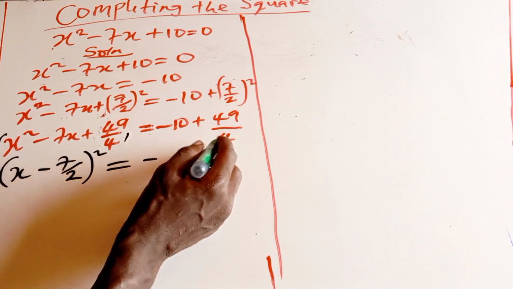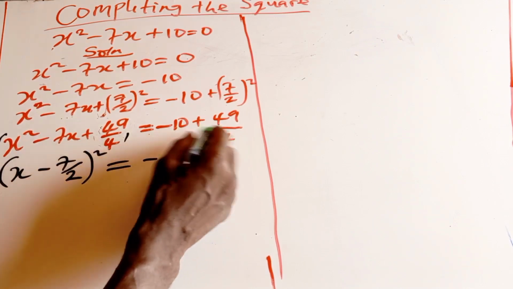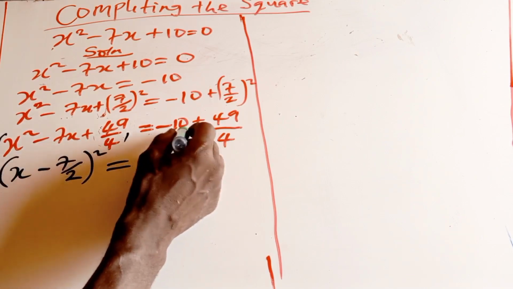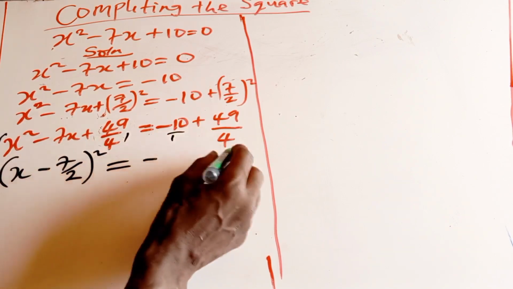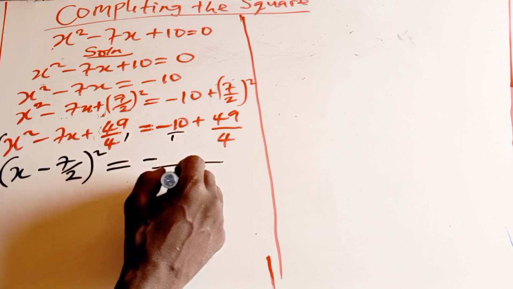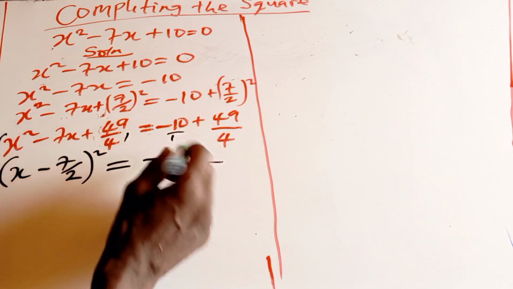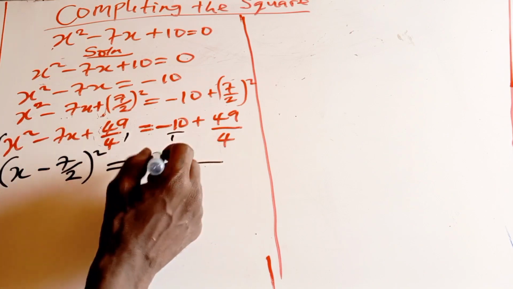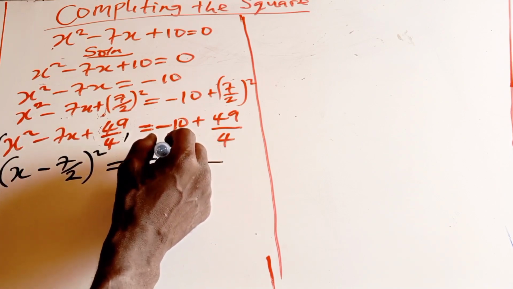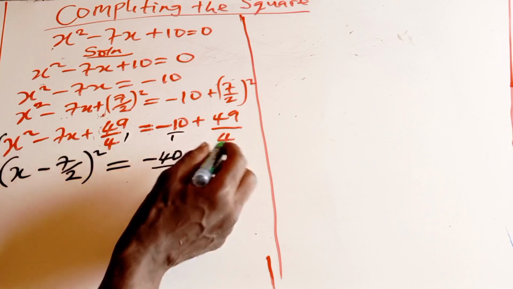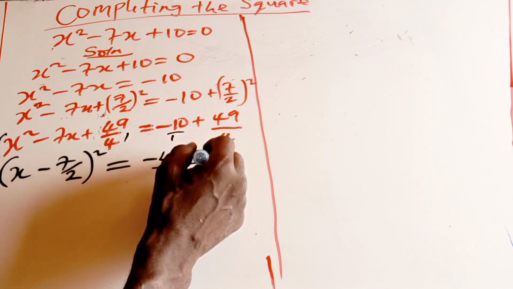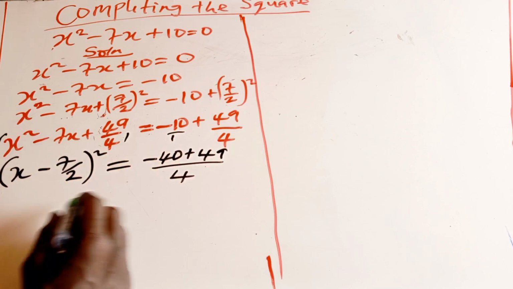minus 10. We can find the LCM here and simplify this. We assume this is over 1. Then you can get 4 as your LCM. You can multiply by 4 and get minus 40 plus 49.